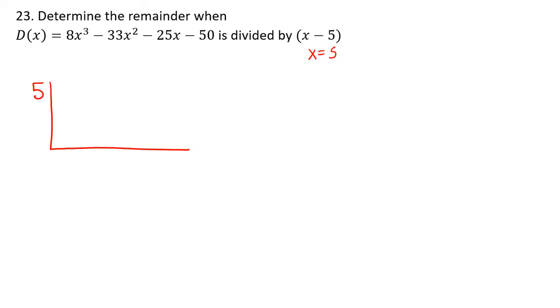As always, you're going to take your coefficients from your polynomial and put them in there. So I have 8, negative 33, negative 25, and negative 50. We're taking all of our numbers and just removing the x's. Once we have it set up, we're going to bring the 8 down.